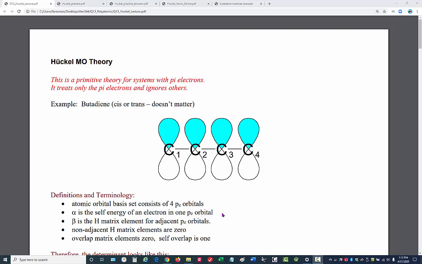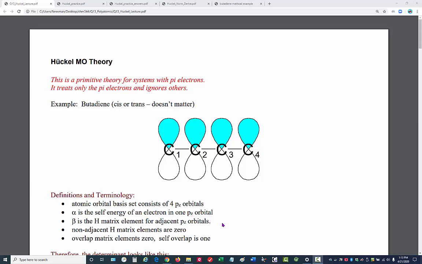The second item here, alpha, is the self-energy of an electron in one of these pz orbitals. So we're going to be referring to the quantity alpha as a parameter. It's a way of measuring the energy that would be there if 1 electron were in one of these orbitals. Beta is another parameter.